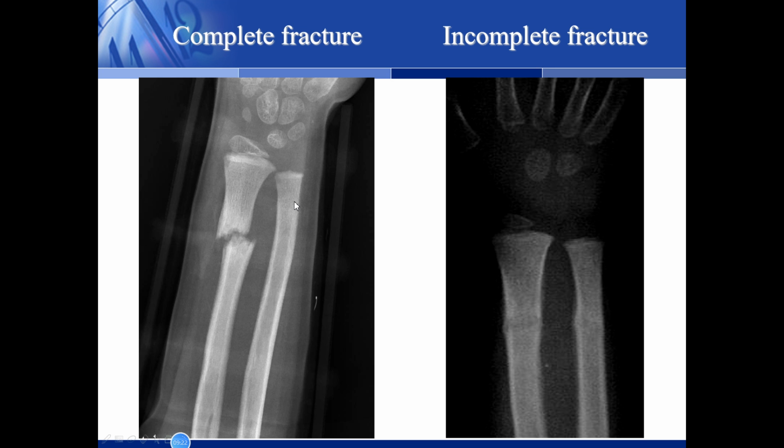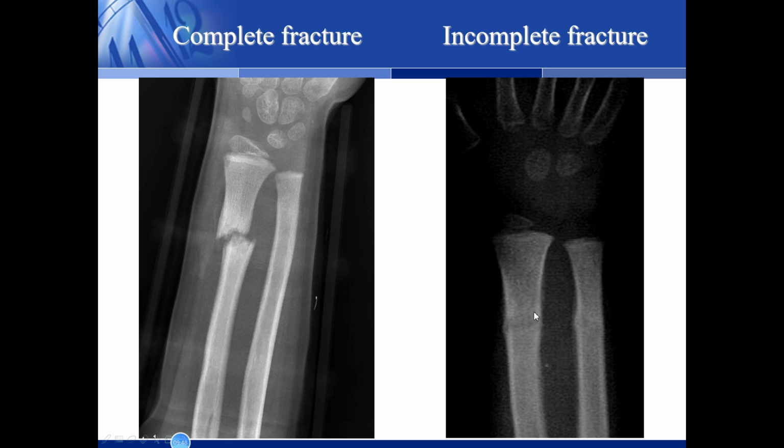And here is the complete fracture, and we could find the fracture line across the entire width of the bone. So we call it complete fracture. And here is incomplete fracture. We could see that the cortex is just buckled.